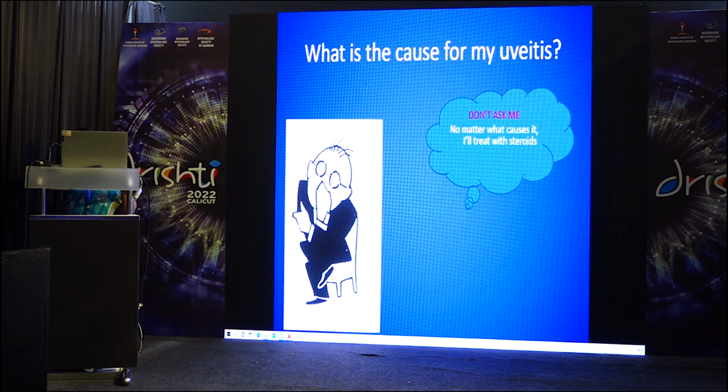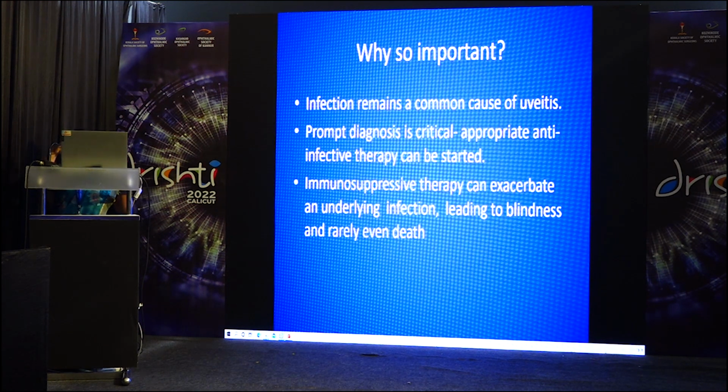Most of the time, after several OPD visits and several costly investigations, our patients ask this question: doctor, what is the cause of my uveitis? And the answer in our mind will be, don't ask me, no matter what causes it, I'll treat with steroids. But is it so? Why is it important to identify the etiology of uveitis?